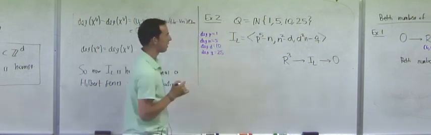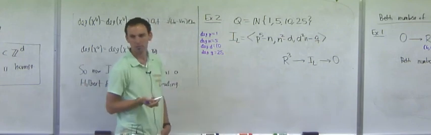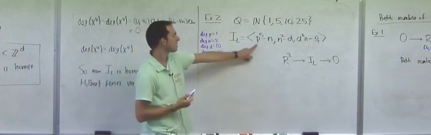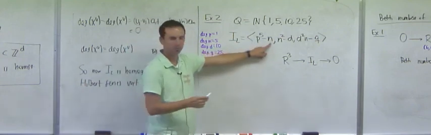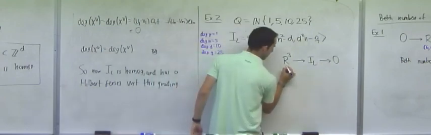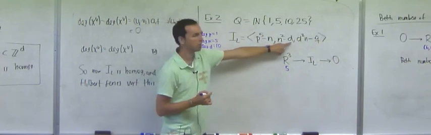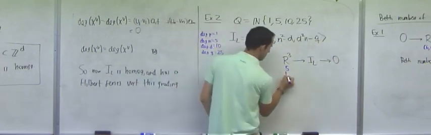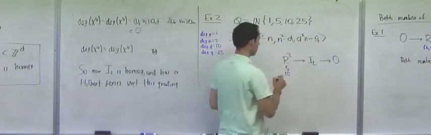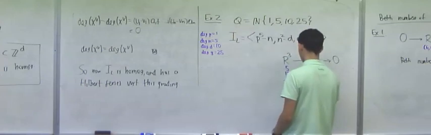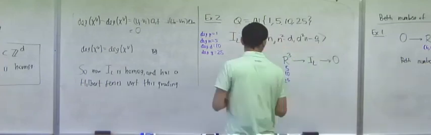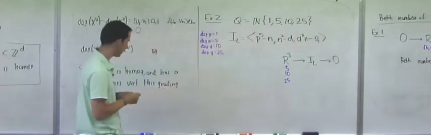Okay? And according to that grading now, this has degree 5 and this has degree 5. Okay? So I get a 5 here. Then this has degree 10, this has degree 10. So I get a 10 here. And then these guys have degree 25.